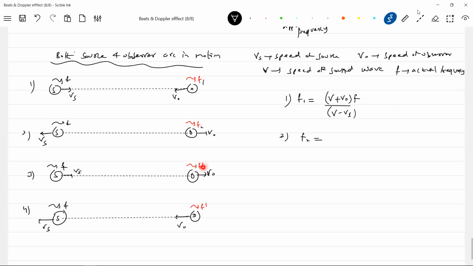Second case, F2. So can you write anything? V minus V naught, observer moving away from source. Source moving away means in the numerator... You may say, sir, I will think in the way you have taught it. Okay, you can take it, but in exams what happens?